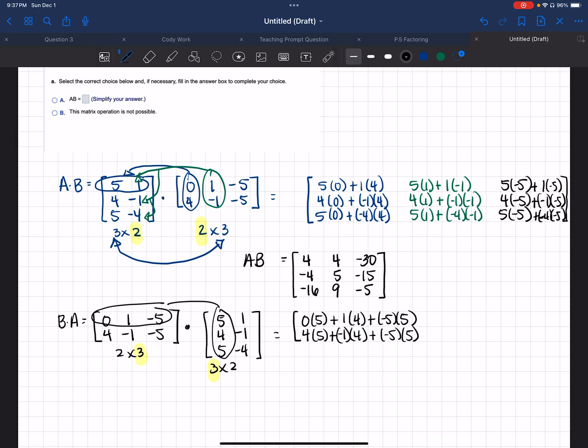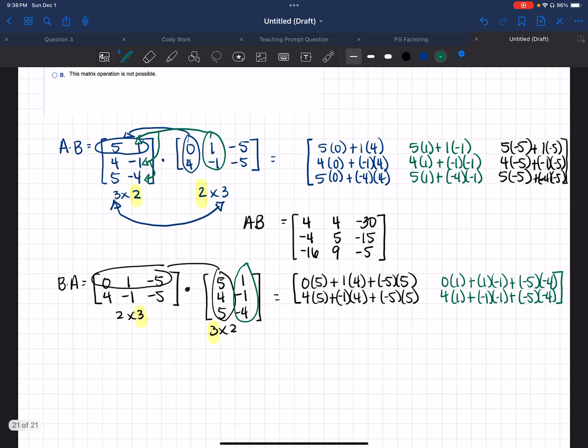Now we're going to scoot over and do the second column, 1, negative 1, negative 4, times each row in the first matrix. So that gives me 0 times 1 plus 1 times negative 1 plus negative 5 times negative 4. Then I have 4 times 1 plus negative 1 times negative 1 plus negative 5 times negative 4.